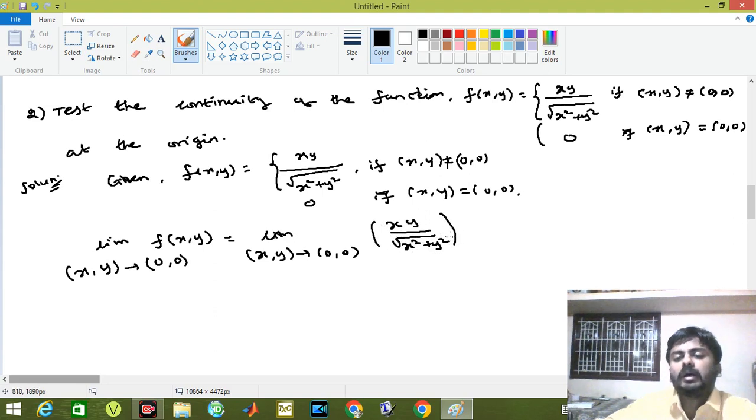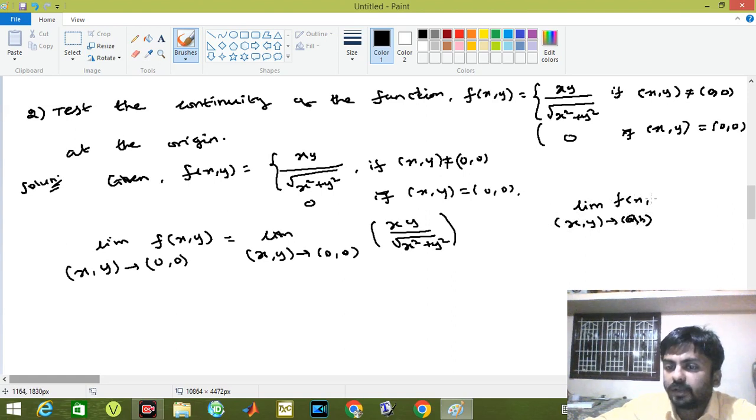Now dear students, I have already told you that if the given function is continuous, then automatically what condition will hold? Limit x comma y tends to a comma b of f of x comma y equal to f of a comma b. Here they have asked at the origin, so a comma b will become 0 comma 0.